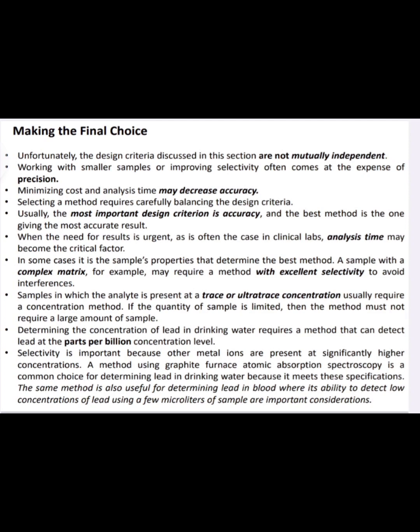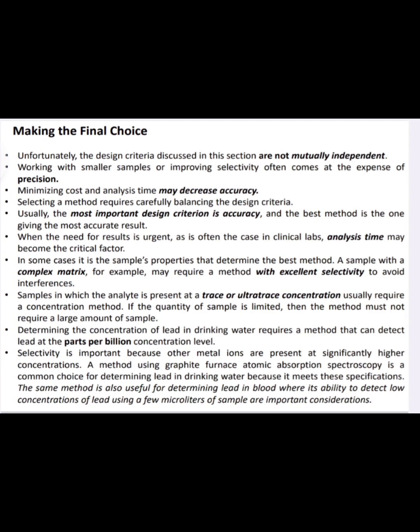A method using graphite furnace atomic absorption spectroscopy is a common choice for determining lead in drinking water because it meets these specifications. The same method is also useful for determining lead in blood, where its ability to detect low concentrations of lead using a few microliters of sample is an important consideration.